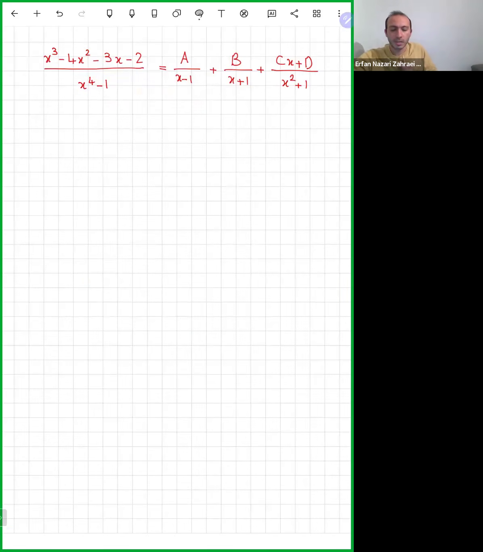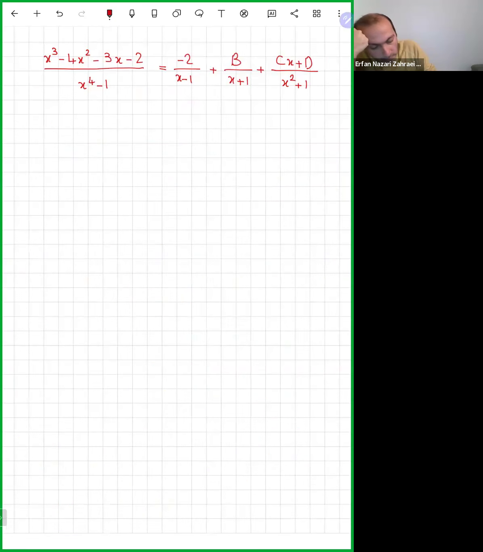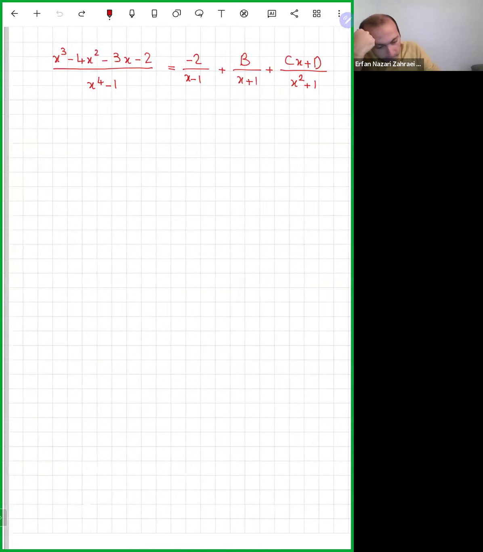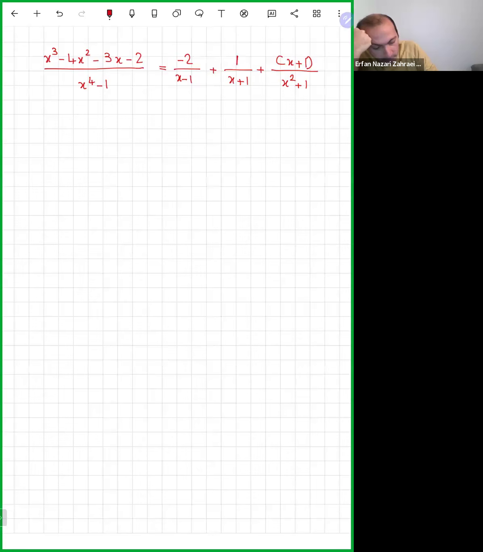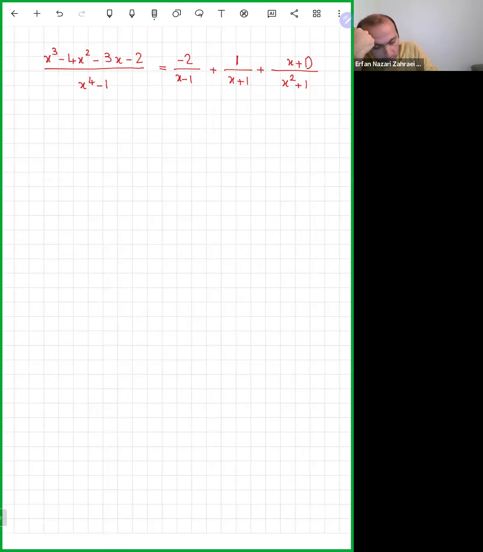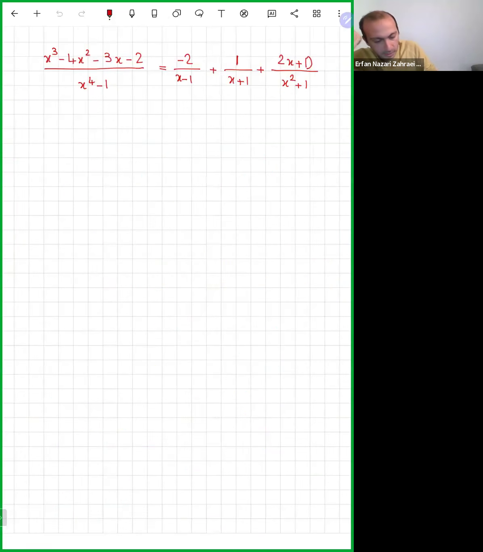So I found this partial decomposition with A equals negative 2, B equals 1, C equals 2, and D equals negative 1. So this is the conclusion of the partial decomposition step after finding the unknowns.